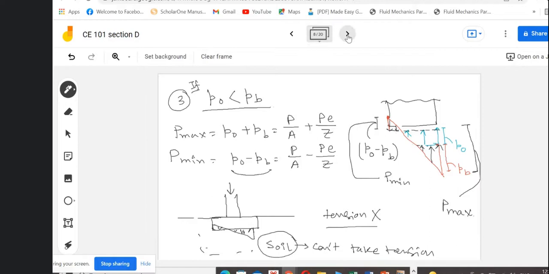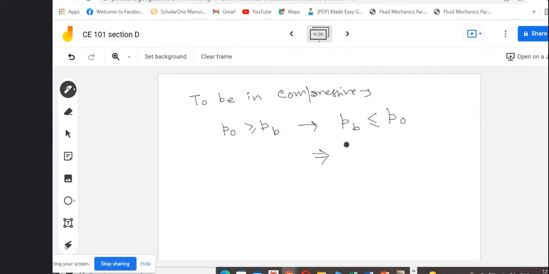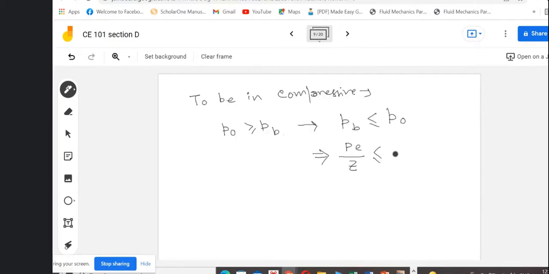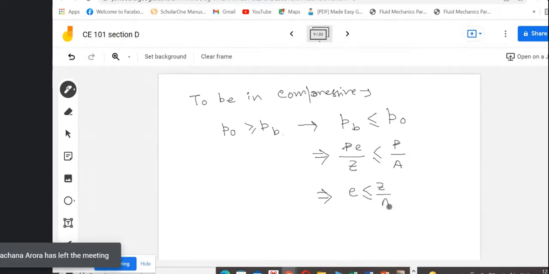PE by Z. And what is the expression for this direct stress P naught? P by A. P cannot be 0, so we are omitting it from both sides. So E is less than or equal to Z by A.